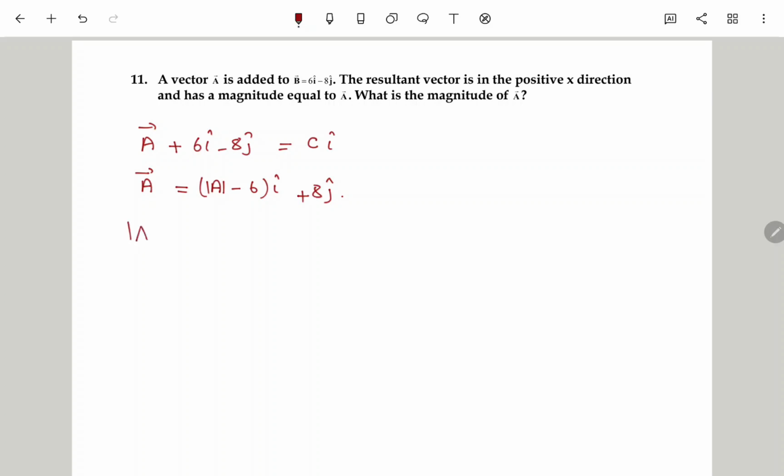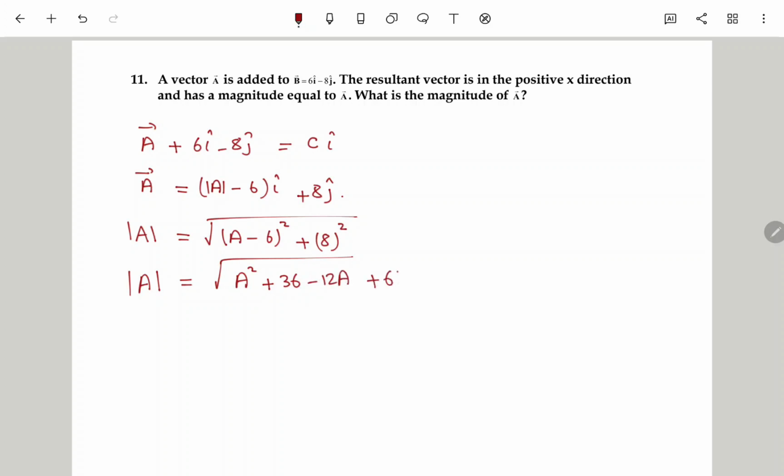Now the magnitude of vector A is equal to the square root of (A minus 6) squared plus 8 squared, or in other words, A magnitude equals the square root of A squared plus 36 minus 12A plus 64. And remember, A here is the same as A here.